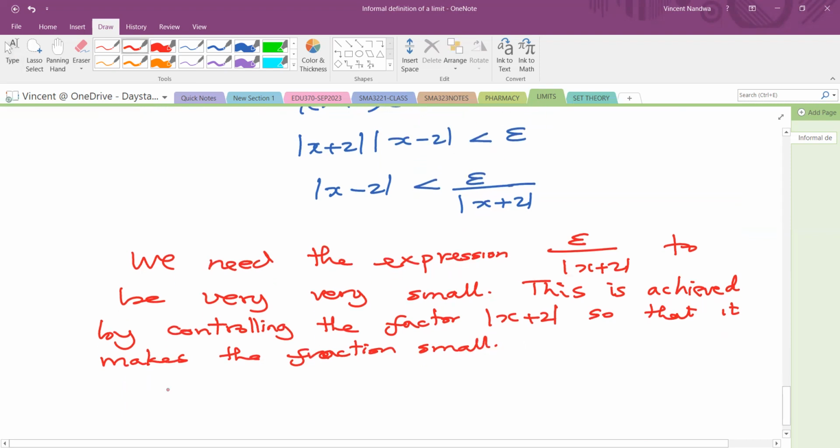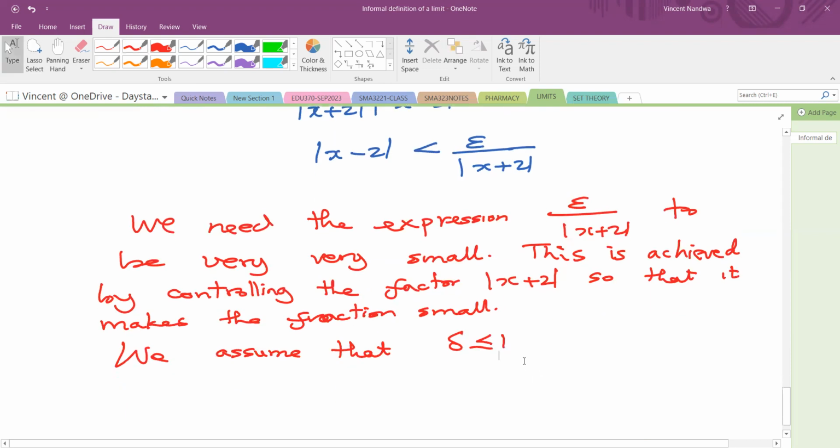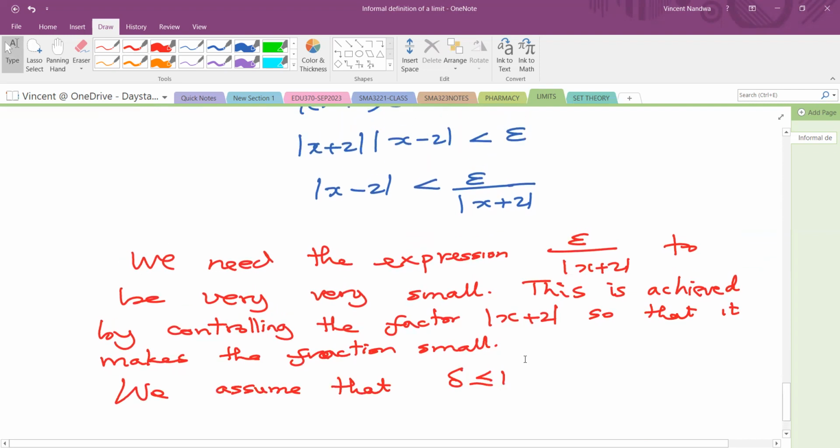So we assume that delta is less than or equal to 1. And there's nothing special with the number 1, but we're just picking it for convenience to make our computations much easier. Another small positive number could still be related to the delta.